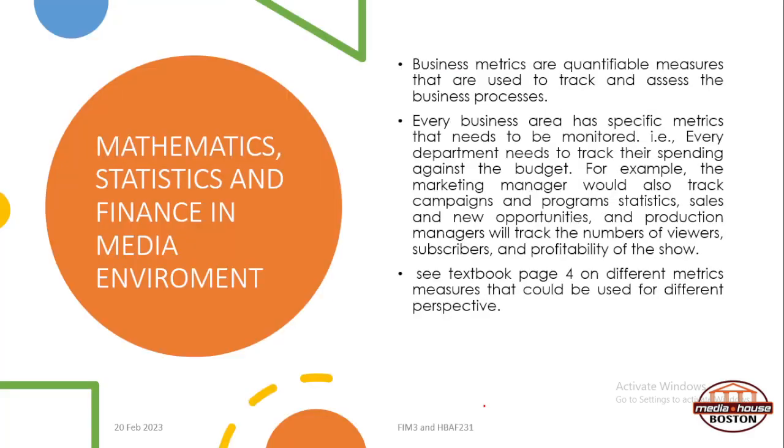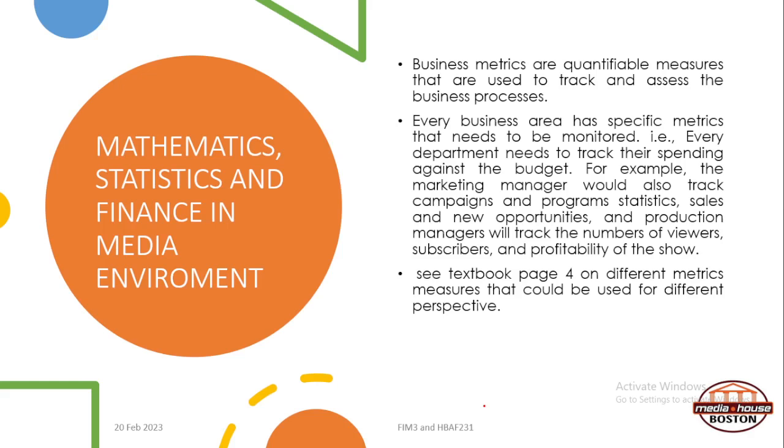So we have got something called the metrics. Each and every sector or division of a company has got its own business metrics. A metric refers to a quantifiable measure that is used to track or assess business performance or a division's performance. For example, we have a marketing department.